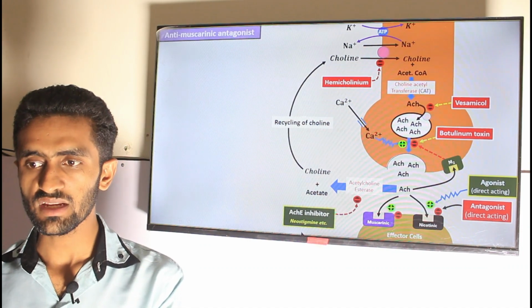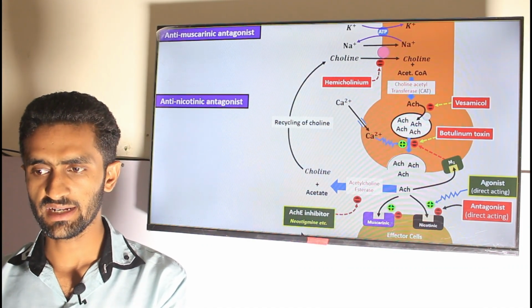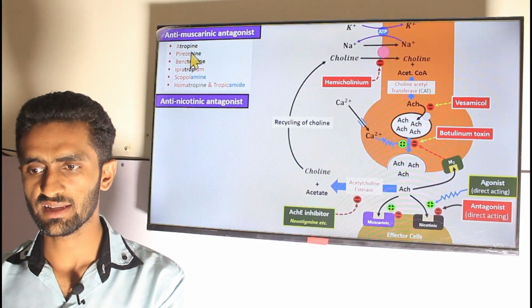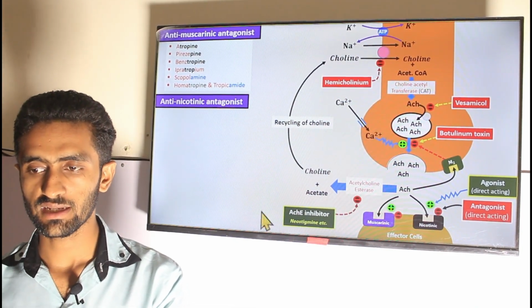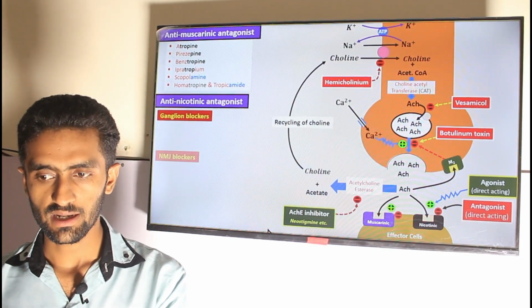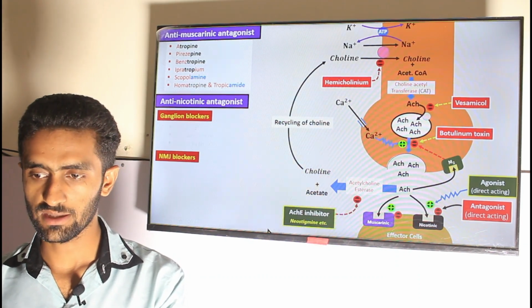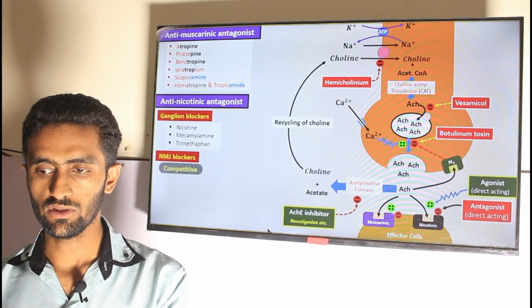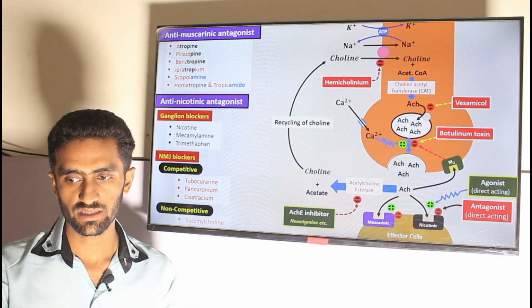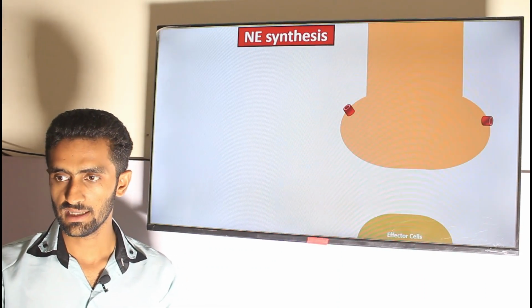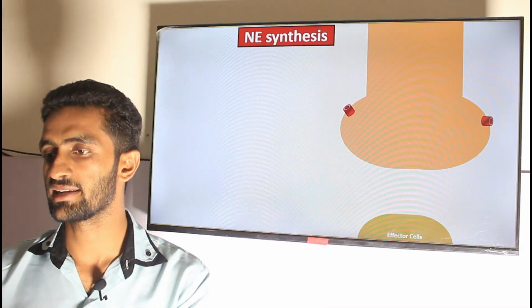Well, the antagonists are antimuscarinic and antinicotinic, antimuscarinic being atropine-like drugs. We will discuss them in the upcoming session. In the antinicotinic, there are two types: ganglionic blockers or neuromuscular junction blockers. In the neuromuscular junction, there is a competitive and non-competitive subdivision. So we will discuss this in the cholinergic system.